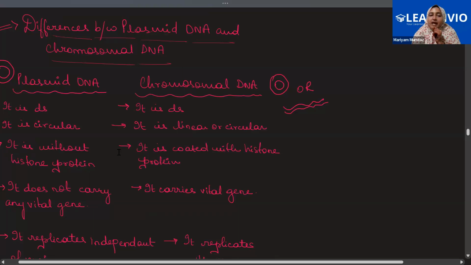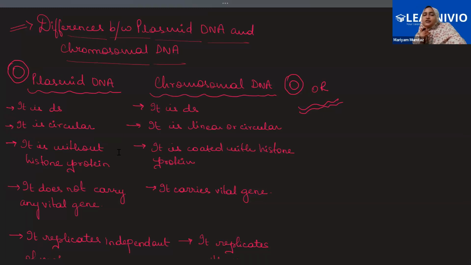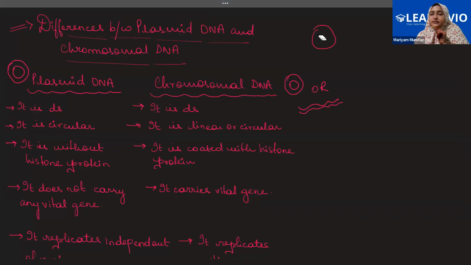Now, when we talk about the plasmid DNA, we know that both the kinds of DNAs, the plasmid and the chromosomal, are circular. Circular means exactly circular. Apart from that, there is a difference. The greatest difference between the plasmid and the chromosomal DNA is that the plasmid DNA is circular and double stranded.